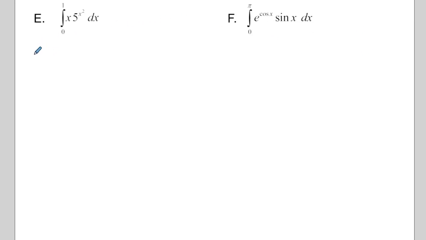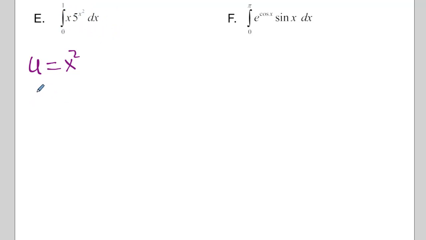So we got u equals x squared. All right, I'm going to choose that because it's algebraic, and I can already kind of see that the derivative of x squared, or at least a multiple of that, is present.